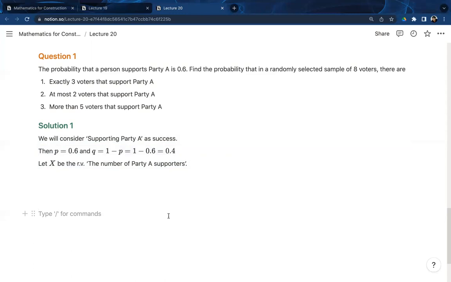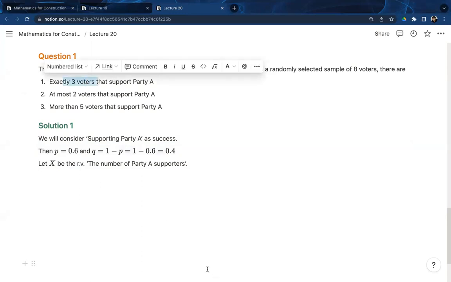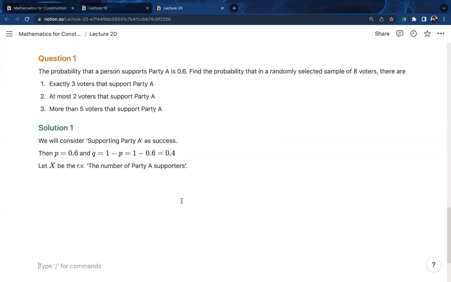Okay, so that's one experiment. Now you're repeating that 8 times with 8 people, asking them, do you support party A? And they give yes or no answers. The question is, what is the probability of exactly 3 of them saying yes? Well, that is an experiment of 8 independent trials where the probability of success in one trial is 0.6, right?